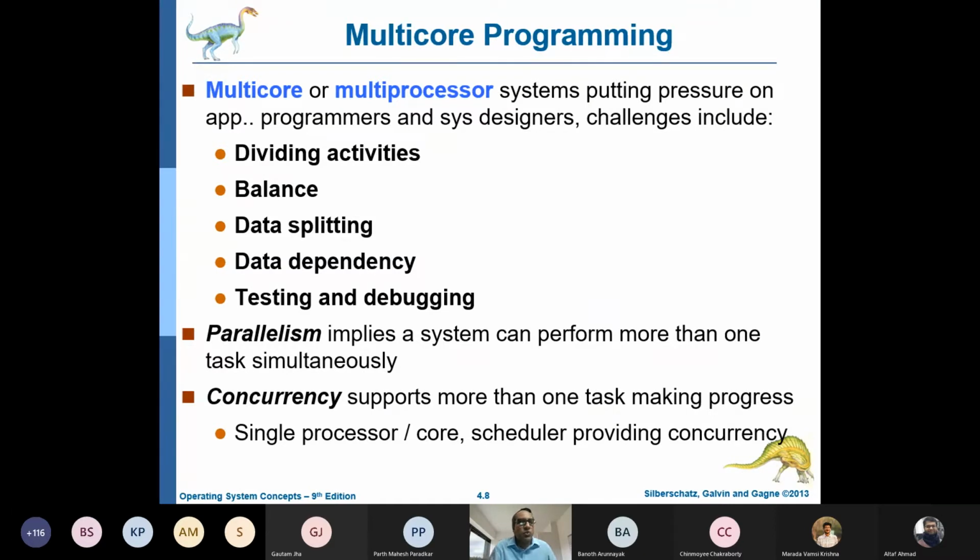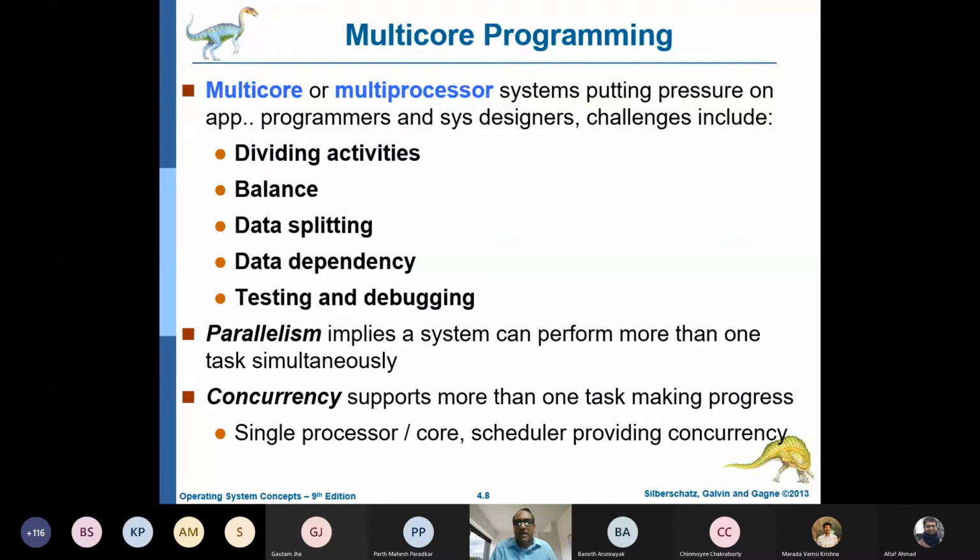Whereas true parallelism happens only in multi-core systems, because you can schedule the same process's threads across multiple cores, so that you see parallelism in execution. So this is the basic difference between parallelism and concurrency.